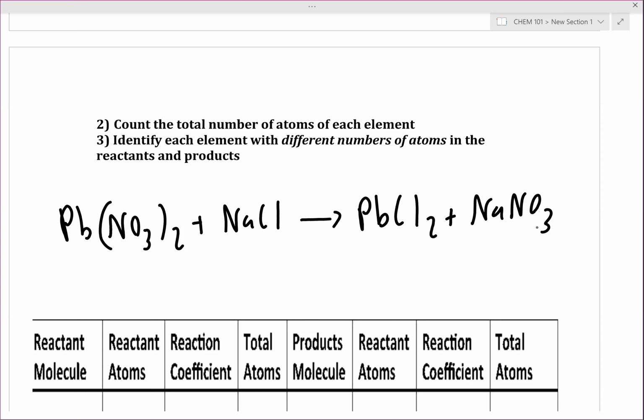Yep, it's good. Everything wrong? No, it's the same thing. I just wrote out the formula from the list. Everything going okay? Yep, looks good.